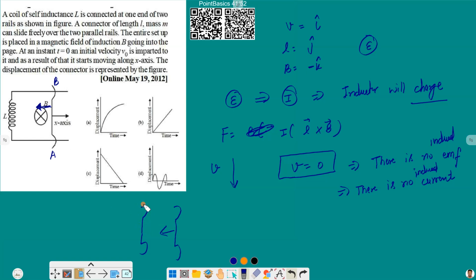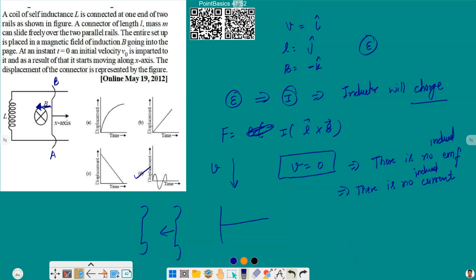And when it comes back to its original position, the inductor has again been discharged. So this process keeps on happening, and this conductor will be oscillating to and fro between these positions. So if we plot its displacement curve, option D will be the right answer here.